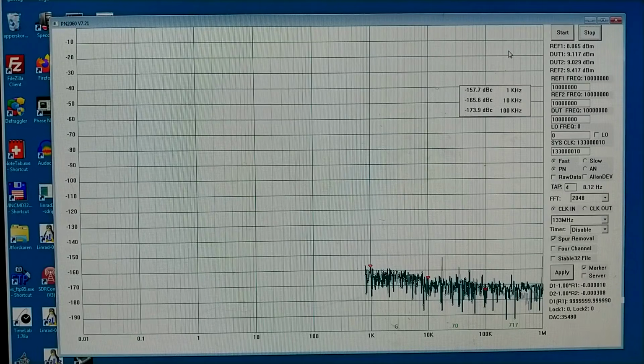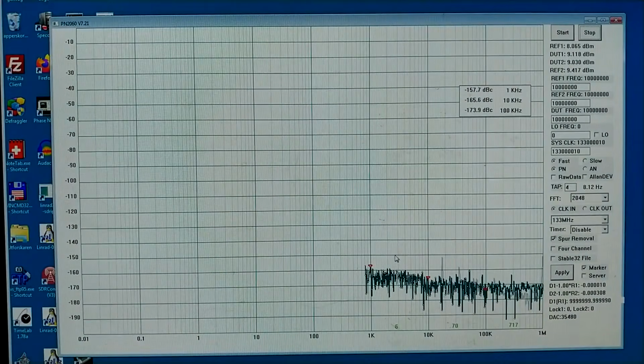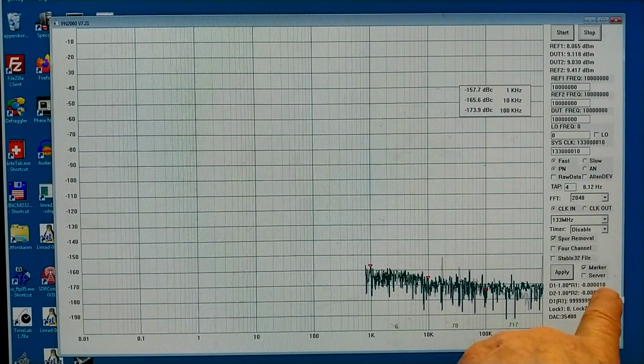I have disconnected feedback and connected the Wenzel oscillator to the input connector, and I'm still measuring at the measurement connector. And now the signal level is 9.1 dBm, and the frequency offset is of course very small.